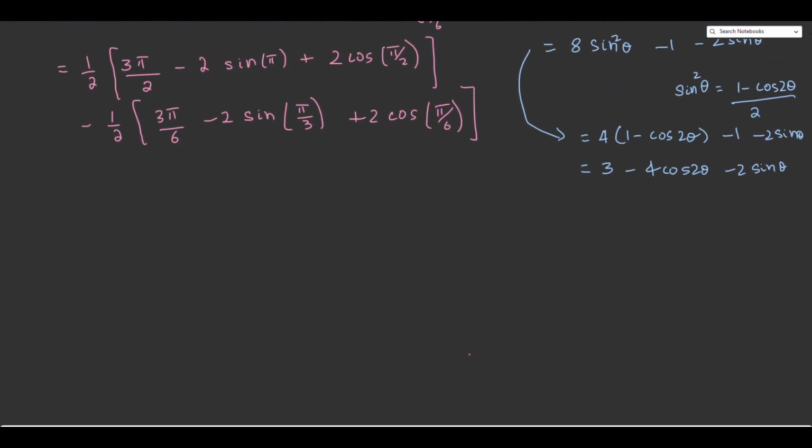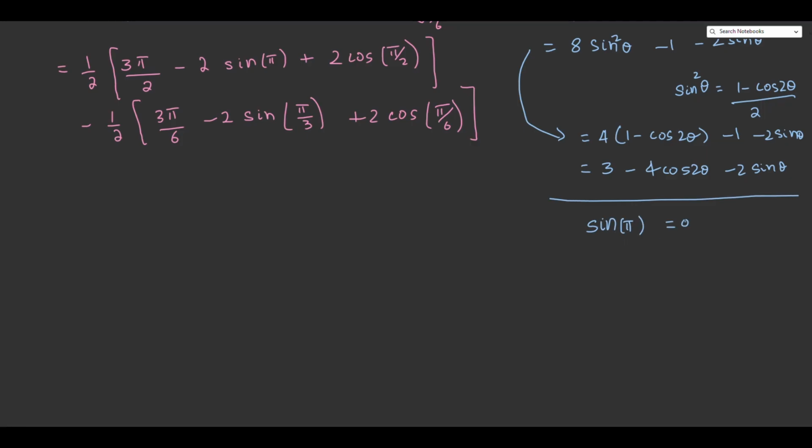So now remember few things from your previous knowledge. We know from our previous knowledge what are the values of these things. What is the value of sine pi? We know that sine pi is equal to 0. We also know that cosine pi by 2 is equal to 0.